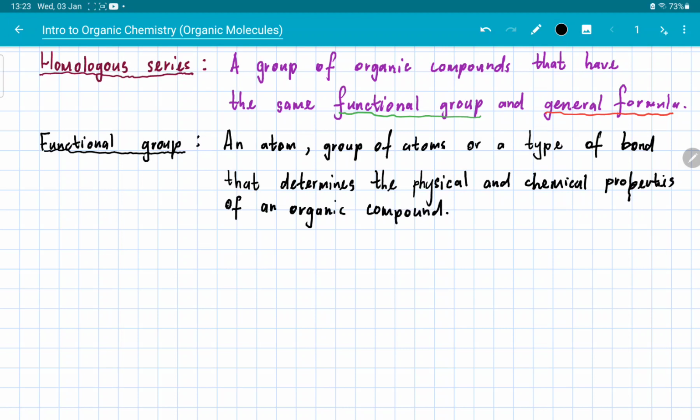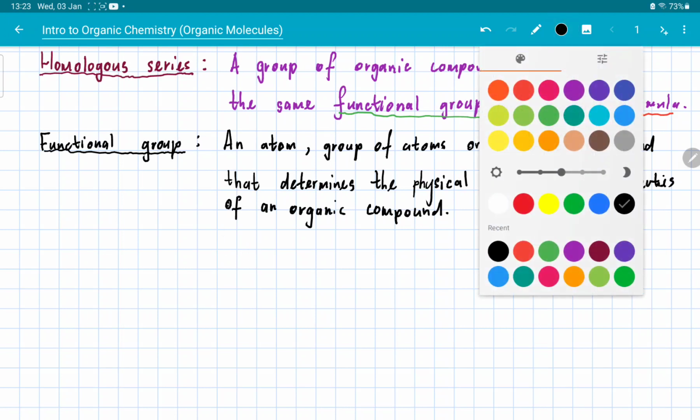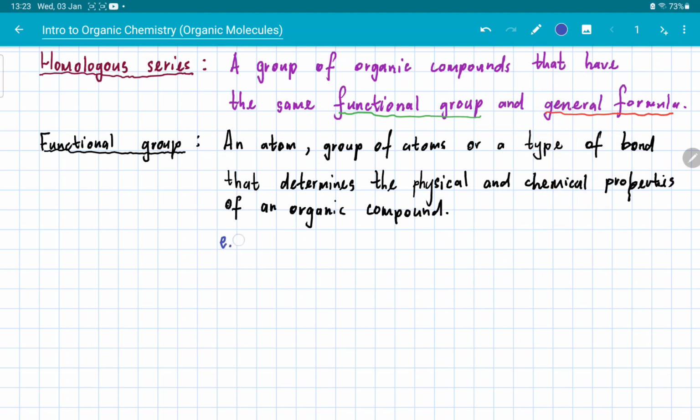So, for example, examples of functional groups. It might be an atom. So it might be halogens.